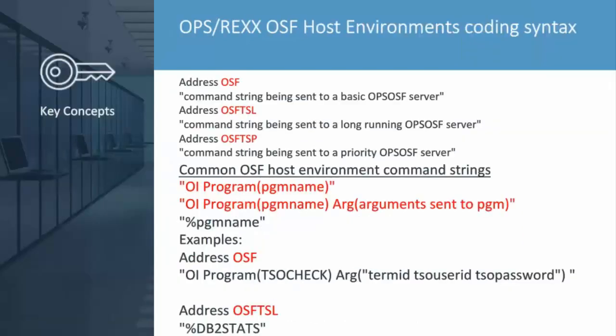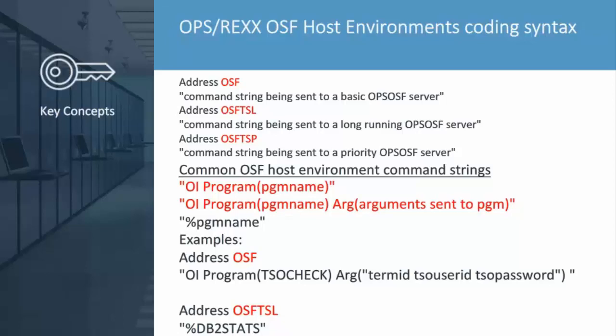The standard syntax for the REXX OSF host environments is pretty straightforward. The ADDRESS OSF instruction will be coded to dispatch programs to basic servers, the ADDRESS OSFTSL instruction to dispatch a program to a long-running server, and the ADDRESS OSFTSP instruction to direct the program to a priority Ops server.